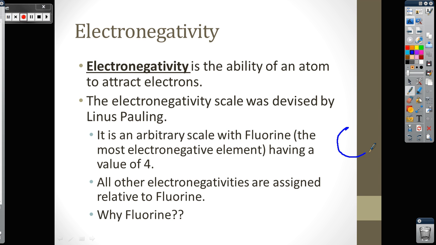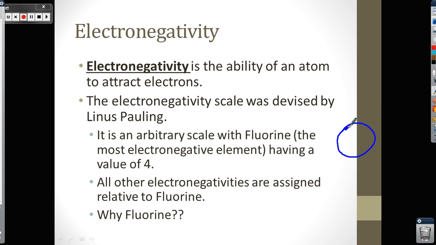So I'm going to draw my nucleus here. And this is my fluorine atom. Inside my nucleus, I have 9 protons, and I have a total of 10 neutrons. So that means a fluorine atom has 9 positive charges. A neutral fluorine atom is going to have 9 electrons. So let's start putting our electrons in the shells around the nucleus.